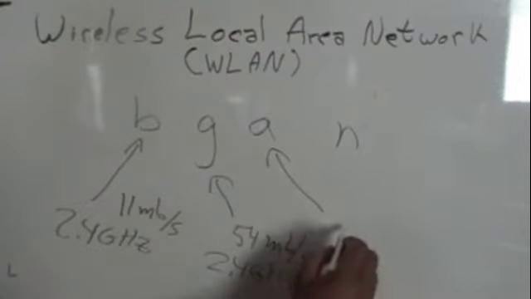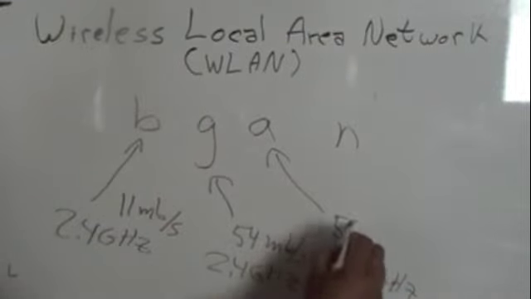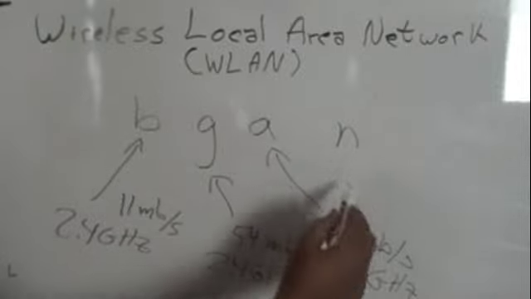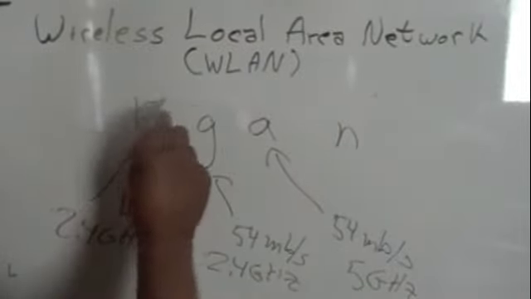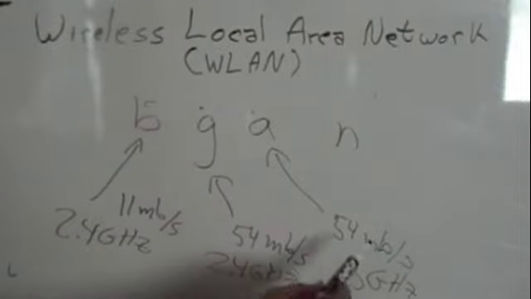A is a 5 gigahertz signal at a 54 megabit per second rate. Then N is actually a combination of B, G, and A all combined in one. Now, what are the advantages of this?